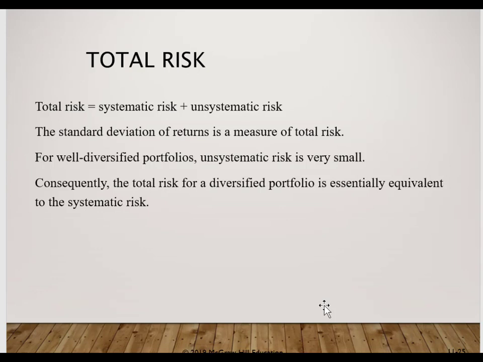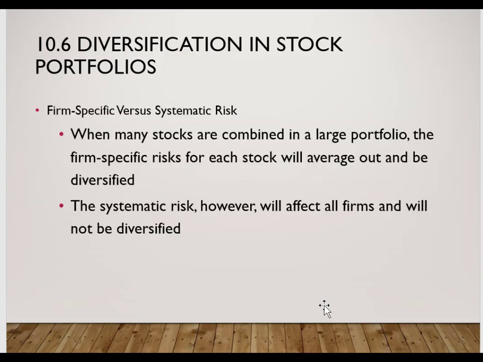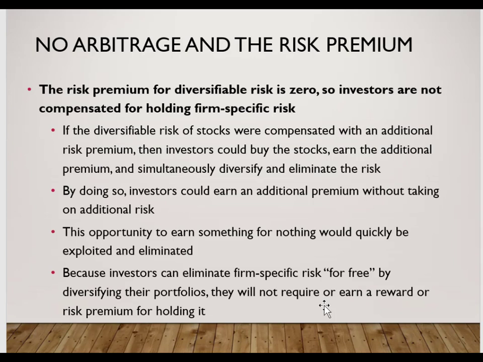So the total risk at that point is also equal to the systematic risk. So when many stocks are combined in a large portfolio, again, firm-specific risks average themselves out. The systematic risk, again, will affect all firms and will not be diversified away.